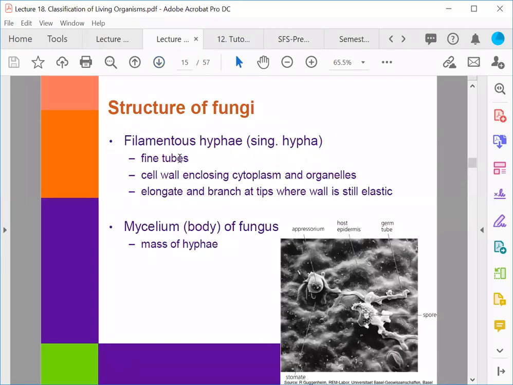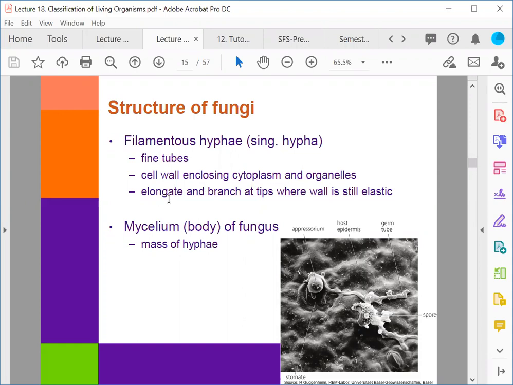All right, so we've mentioned that fungal cells, that is the filamentous fungi, their cells elongate, and these are referred to as hyphae, singular hypha. Hyphae are fine tubes. The cell wall encloses the plasma membrane, which in turn encloses the cytoplasm and all the organelles.